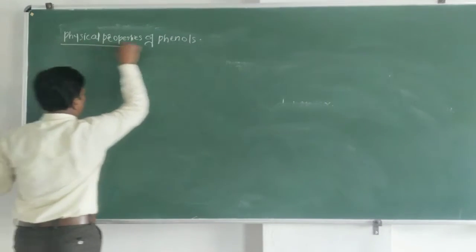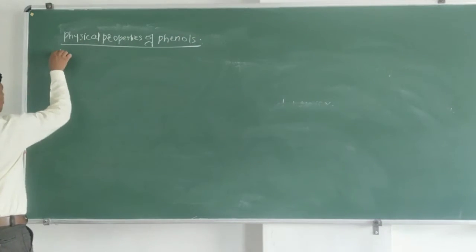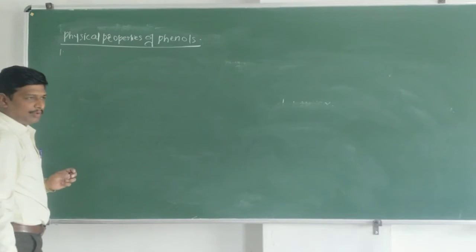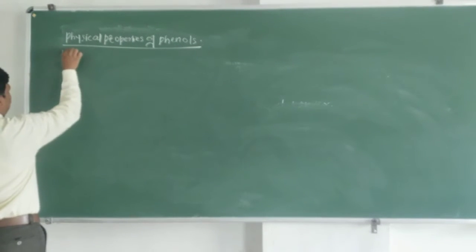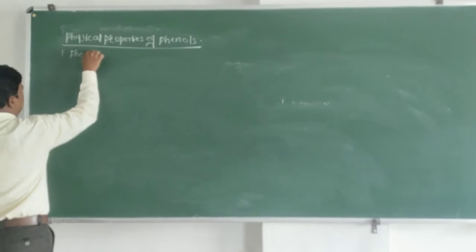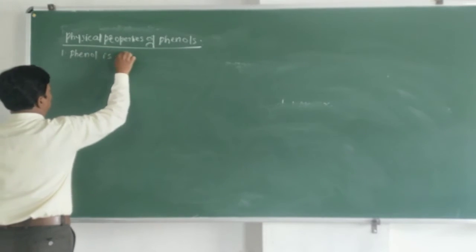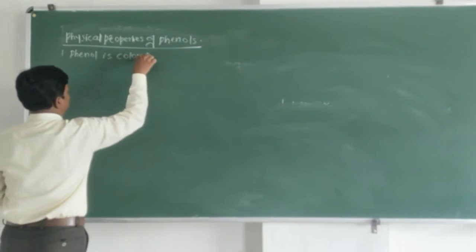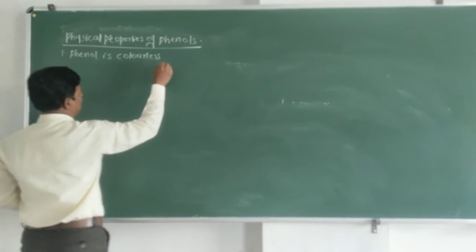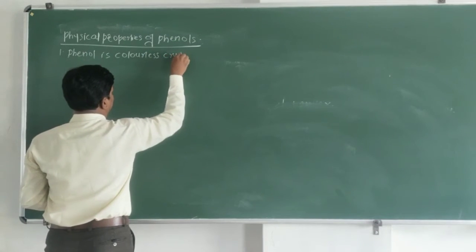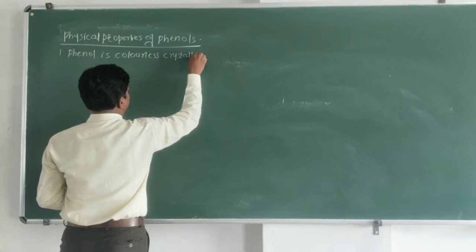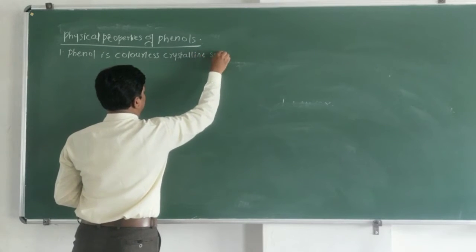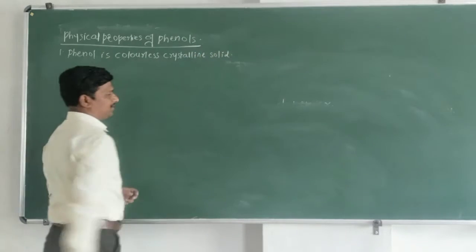Now, the first physical property is the state of the phenol. Phenol is a colorless, crystalline solid. What is the meaning of this?